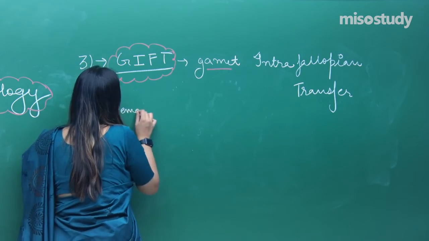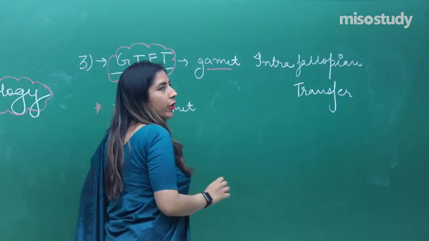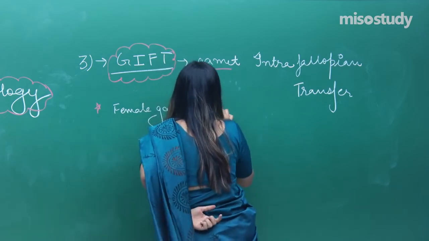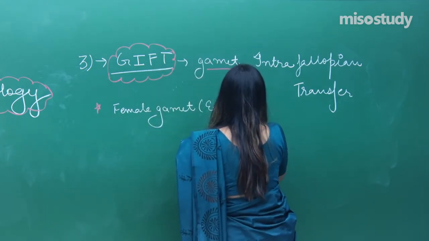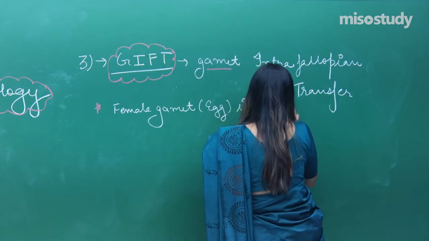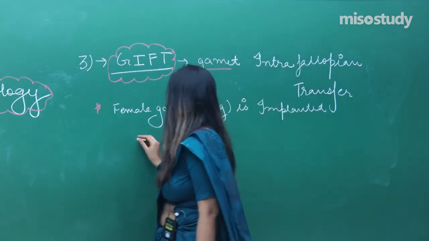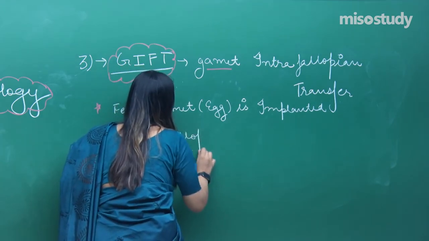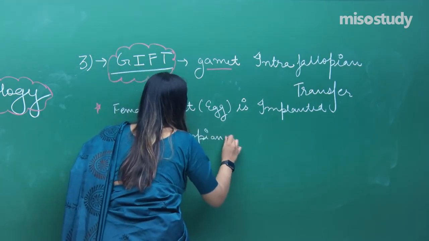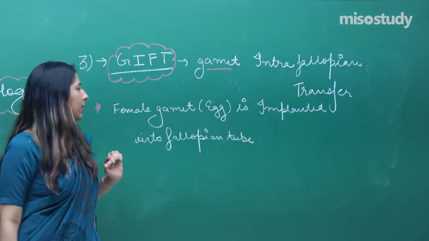Female gamete, or you can say egg, right? Female gamete or egg is implanted, or you can say inserted into the fallopian tube. And when it is inserted into the fallopian tube, the fertilization can occur, right?